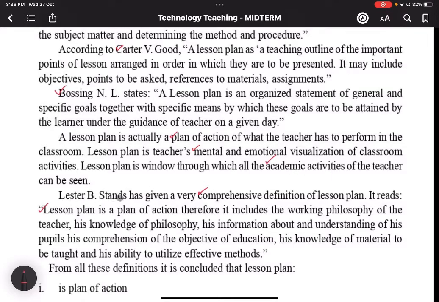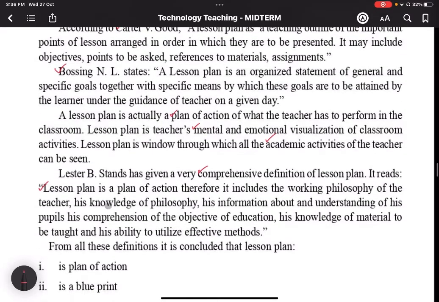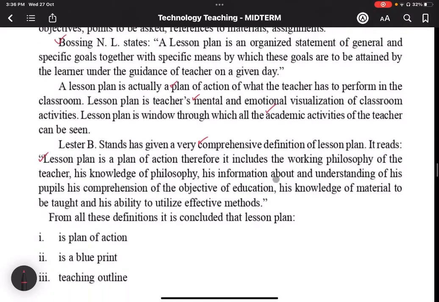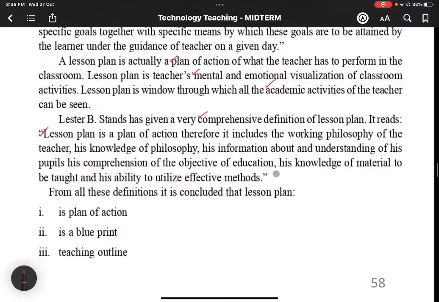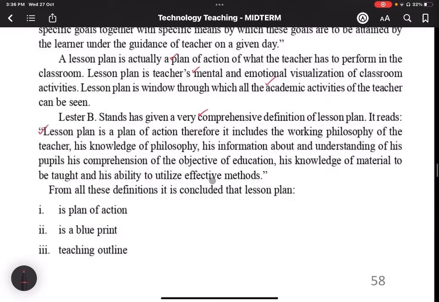According to Lester B. Stands, it is a very comprehensive definition of lesson plan. It reads as lesson plan is a plan of action. Therefore, it includes the working philosophy of the teacher, his knowledge of philosophy, his information about understanding of his pupils, his comprehension of the objective of education, his knowledge of material to be taught, and his ability to utilize effective methods.